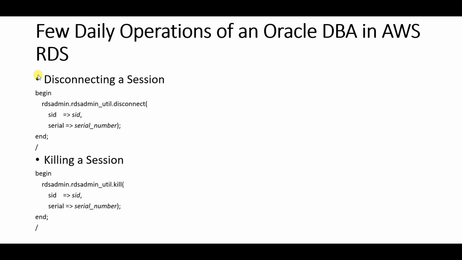So in here, while disconnecting a session, we used to give alter system kill session like that. But in here we need to execute this script where begin rdsadmin.rdsadmin_util.disconnect, which is the procedure, and we need to provide the SID and the serial number to disconnect the session.